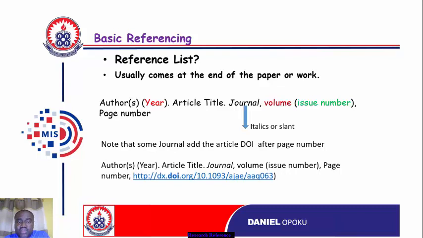We are using the APA style of referencing. In the APA style, you have the author's name, the year, the article title, and the journal where it's been published. So it's Journal of something, American Journal of something. You have the volume, the issue number, and the page number. So with this you can now reference your work.